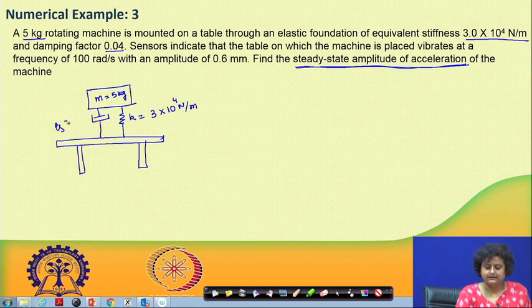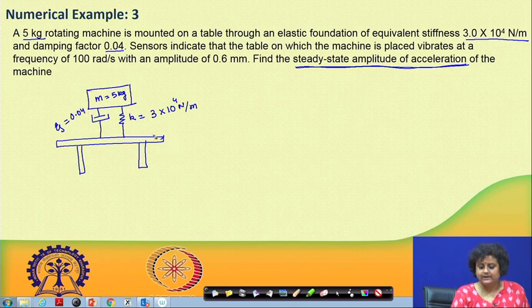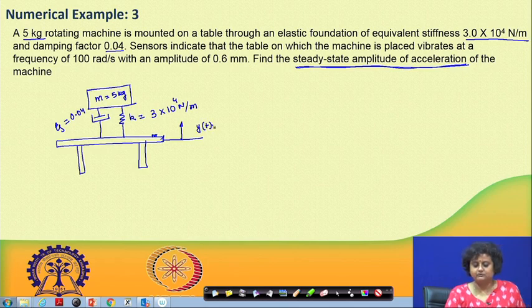The damping factor is given as 0.04, and we have placed a sensor on the table, and the sensor measures that this table itself is vibrating. It has a displacement y(t), which is 0.6 into 10 to the power minus 3 meter into cos omega t, where omega is 100 radian per second.